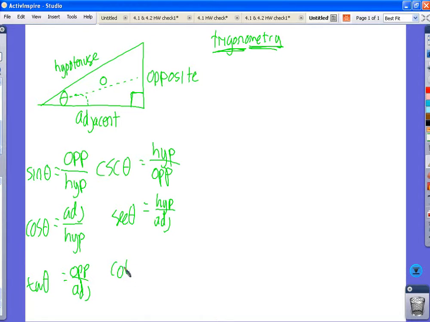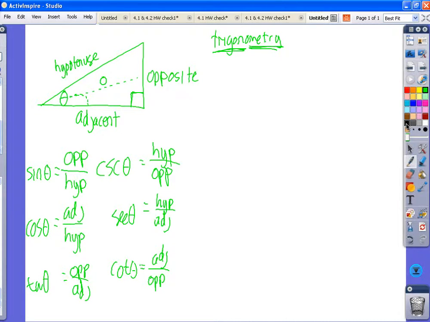Next one's cotangent. That's the adjacent side over the opposite side. Those are all definitions.